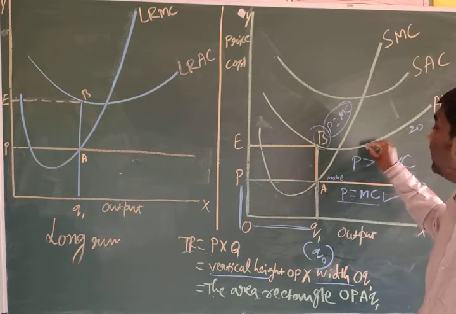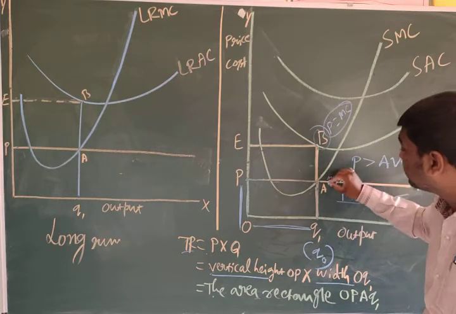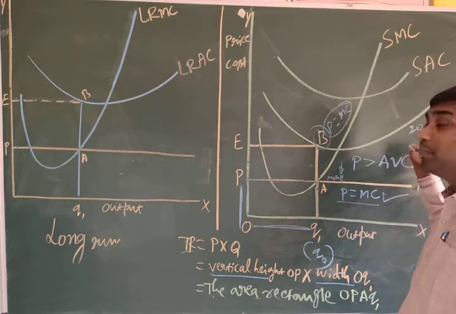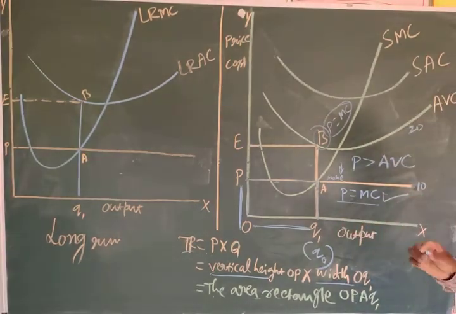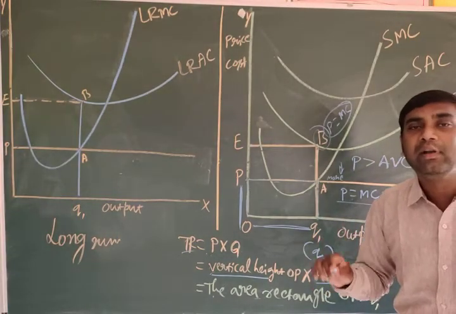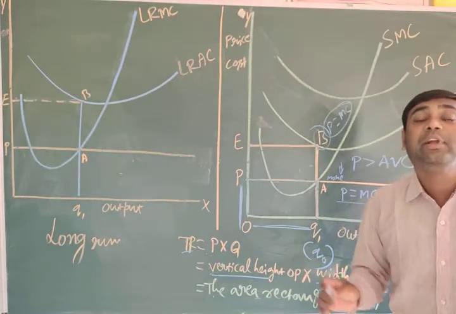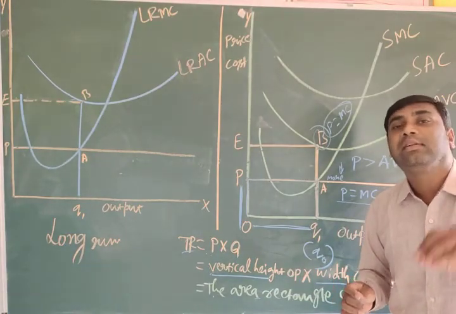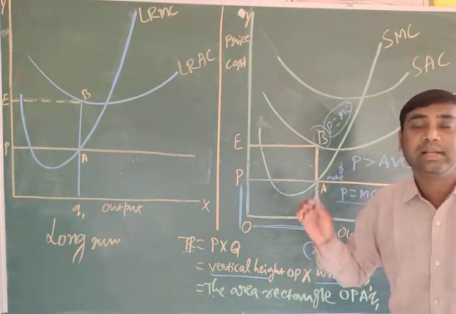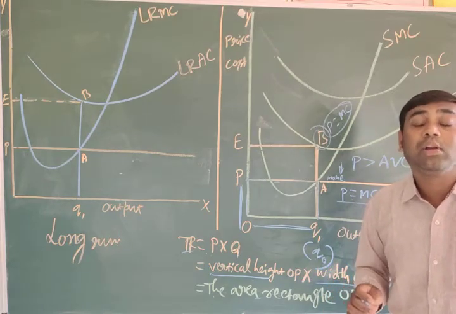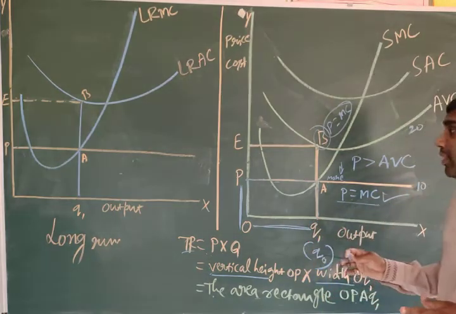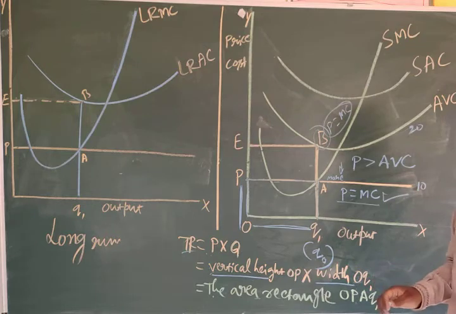So here, when the average cost is increasing, what's happening to price? Decreasing. If the price is more than the average variable cost, that time only the firm will earn more profit. If the price is greater than average variable cost, that time only the firm will earn more and more profit. But in the short run, it is not possible to change all the factors of production.